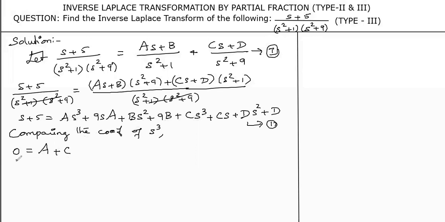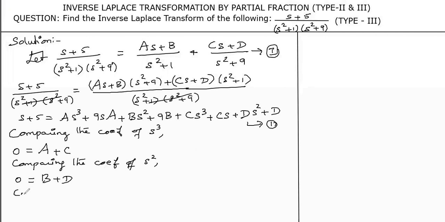Now just leave this. Now comparing the coefficient of s square. This is the second highest degree. So the left hand side becomes 0. And here b is there, along with b, d is there. b plus d.